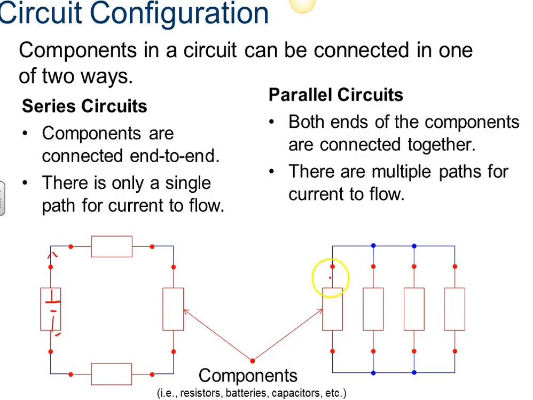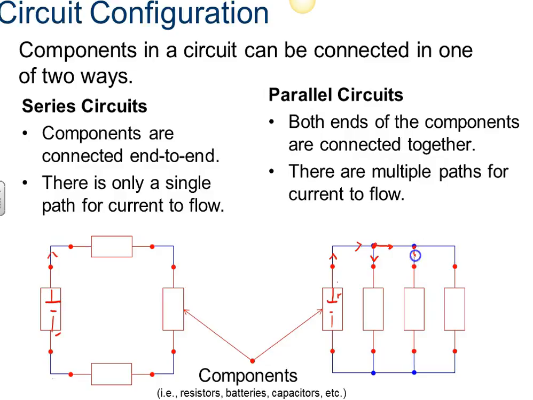In a parallel circuit, if this is our battery that we have here as this component, we're going to have current leaving this side, hits this point, and then it can go in multiple directions. It can go this direction or this direction.